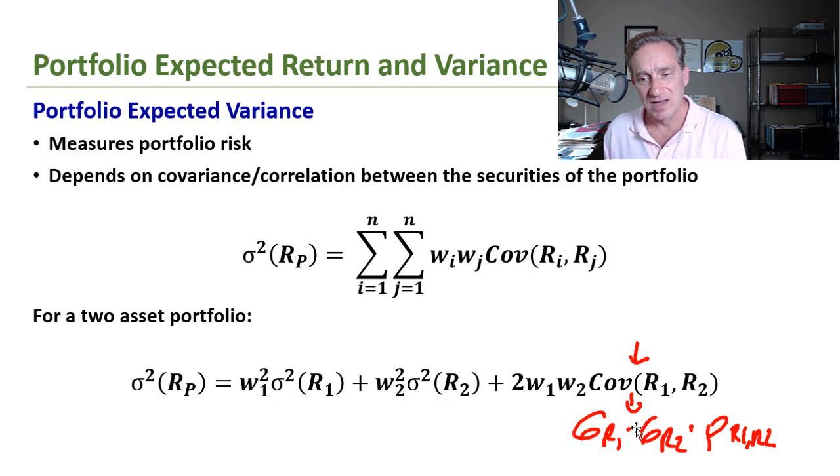My only point there is we have covariance in this expression that we've chosen to use, but this covariance could be replaced by its equivalent, which per that earlier formula is just the product of these three variables: standard deviation of the first, standard deviation of the second, and the correlation between the two, right? So this covariance is necessarily a function of the correlation, or put another way, the correlation is embedded in the covariance.